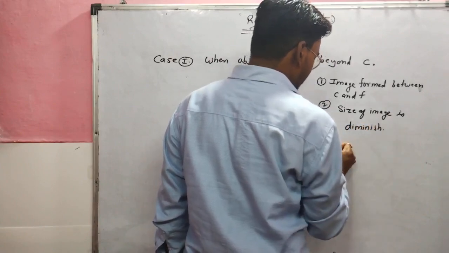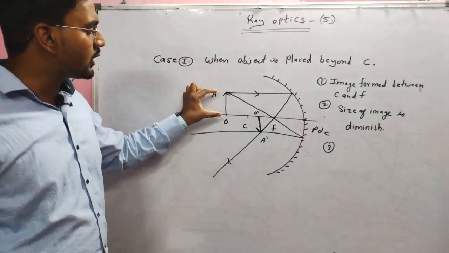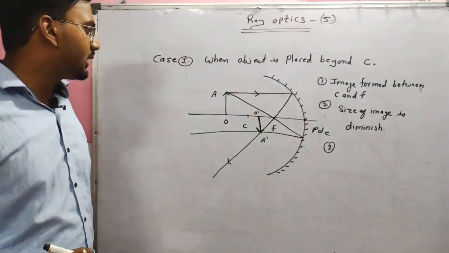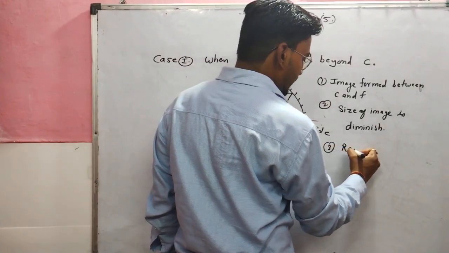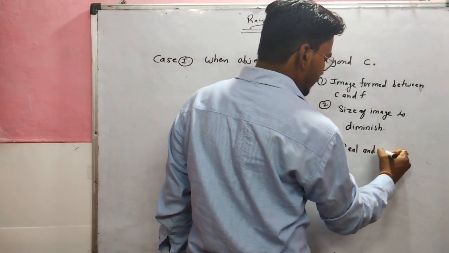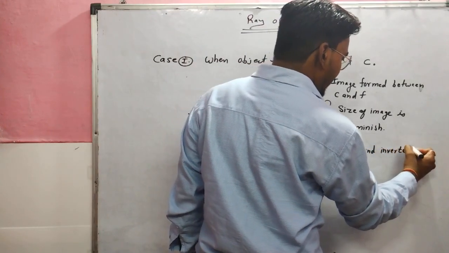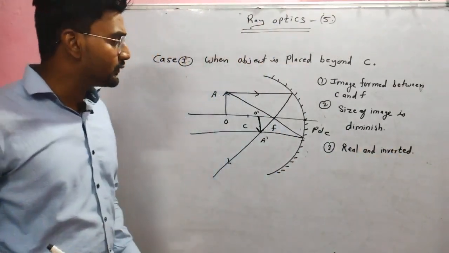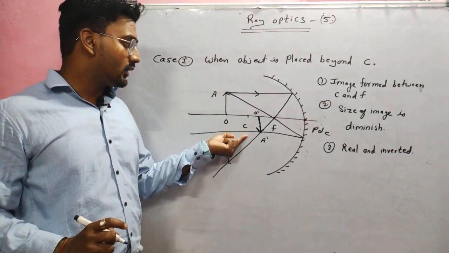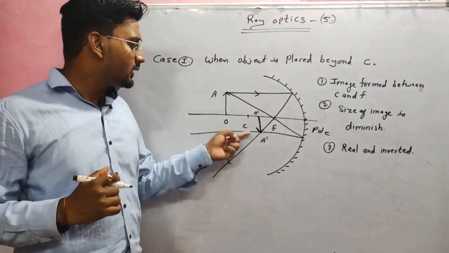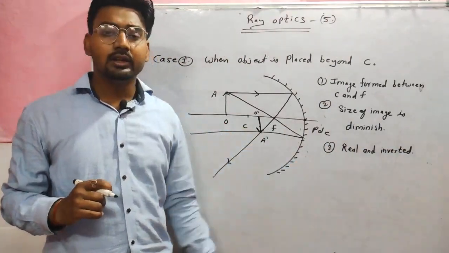We can also say that the size of the image is smaller than the size of the object, and the image formed is real and inverted. Why do we say that a real and inverted image is formed? Because when the light rays after reflection actually cut in reality, then these images are called real images.